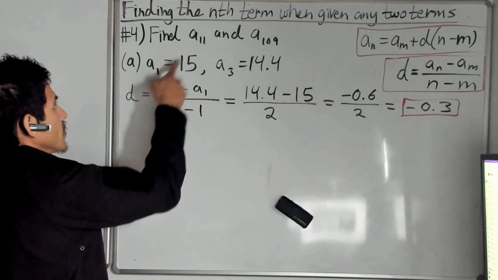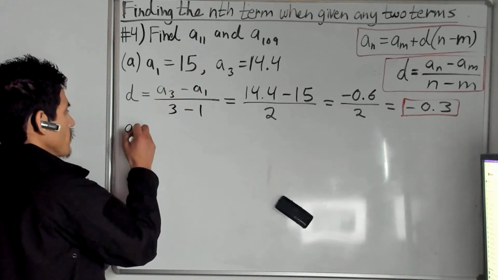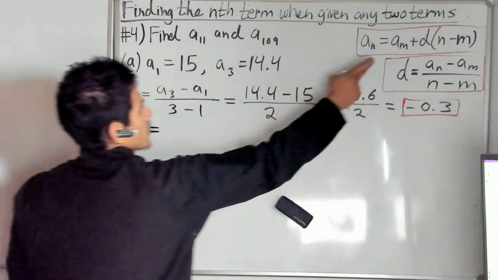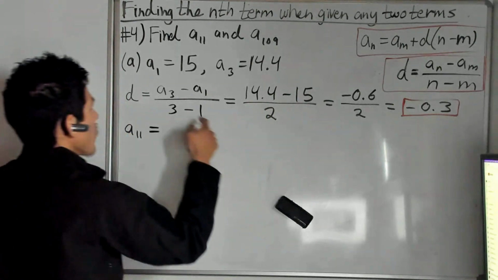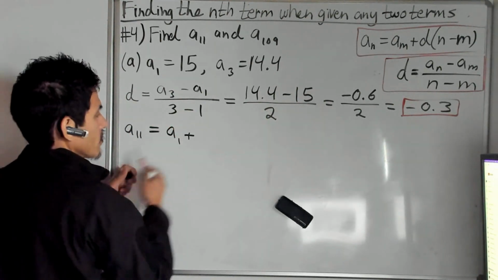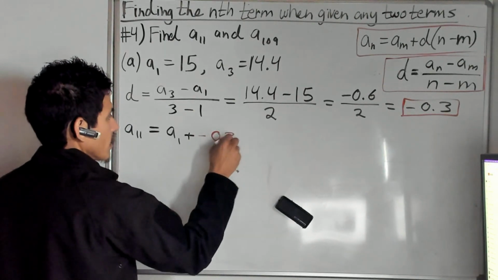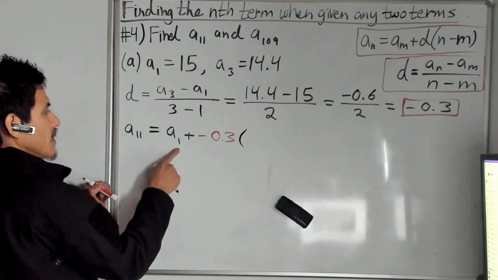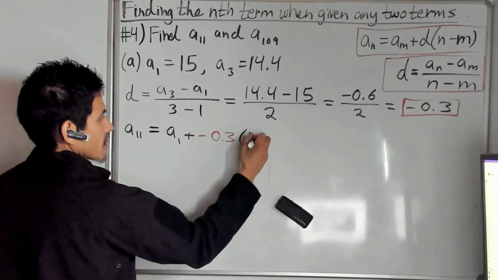So then let's find A11. Using AM, we'll do A1 plus D, so plus a negative 0.3, times N minus M, so 11 minus 1 in this case.